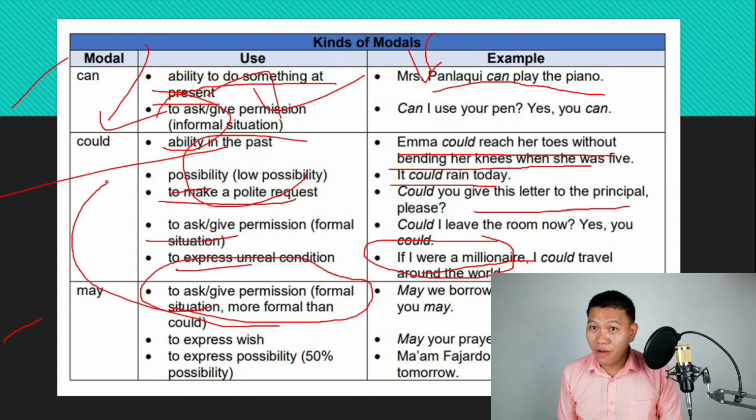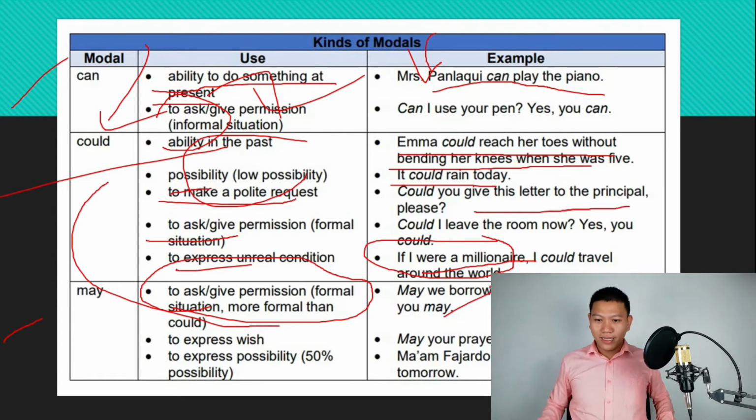Teacher, may I go to the comfort room? So that becomes more formal. May we borrow that book, ma'am? Yes, you may. It is also used to express wish. May your prayers be granted. May all the odds be in your favor. So that is a wish.